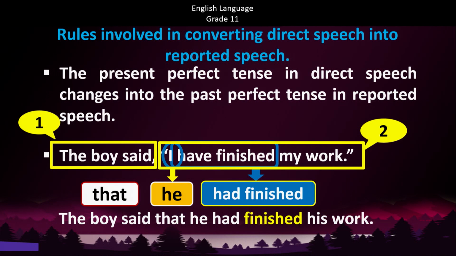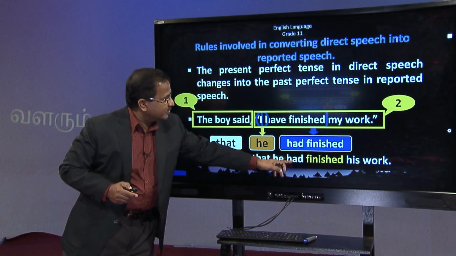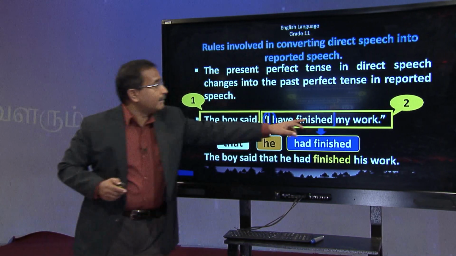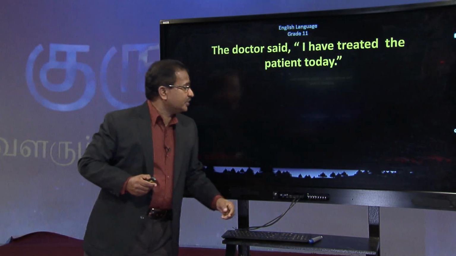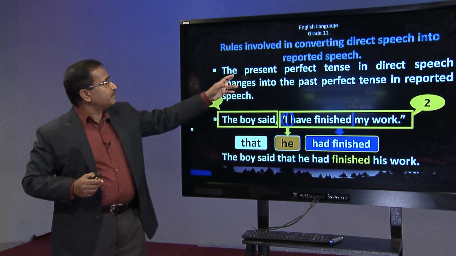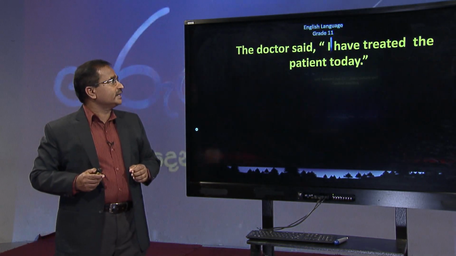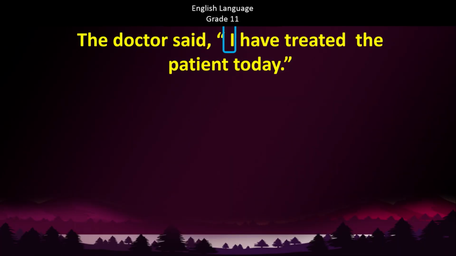Children, please note, I should be changed into he, have finished should be changed into had finished, my work should be changed into his work. That is how you can convert a present perfect tense sentence into indirect speech. Look at another example. The doctor said, "I have treated the patients today."